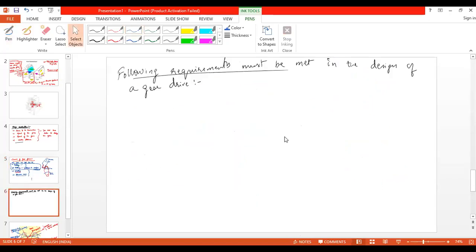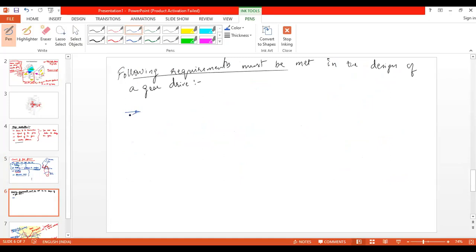And next is, what are the requirements of a good gear design? After designing the gear, you need to ensure these things.